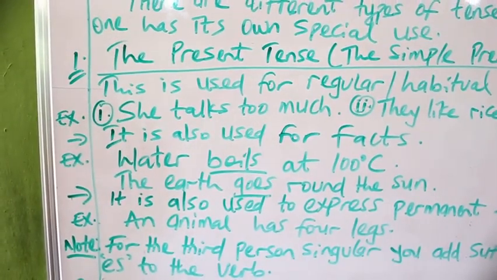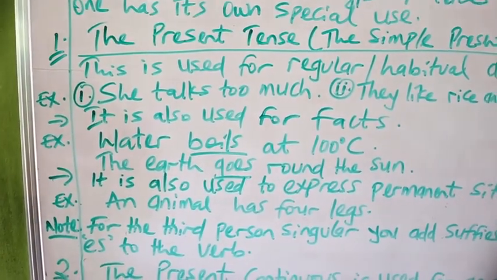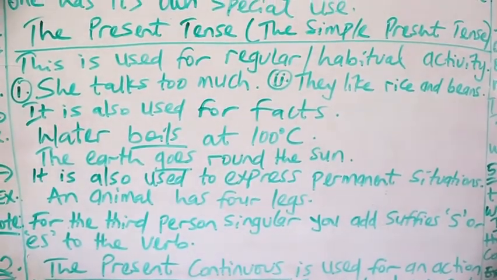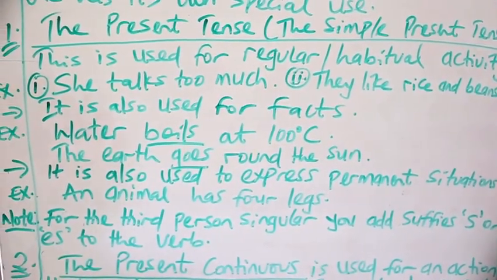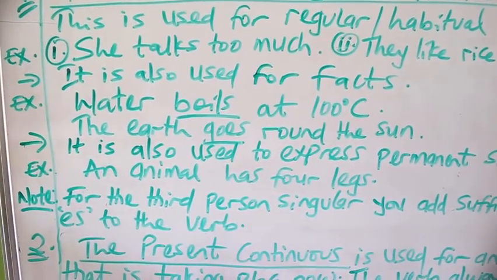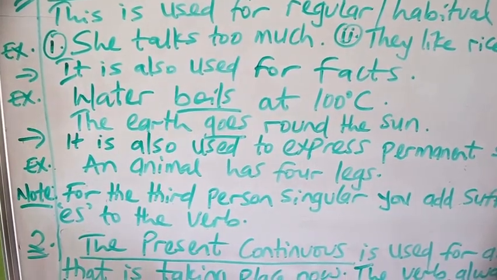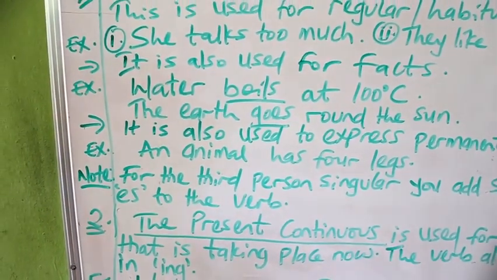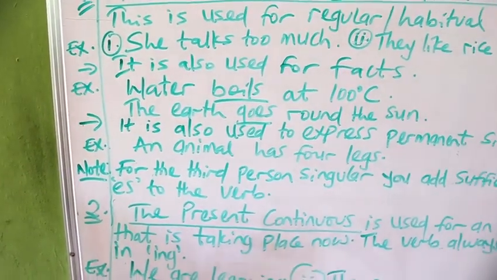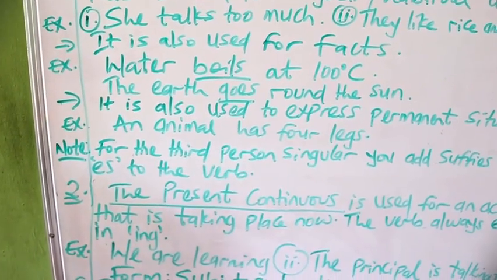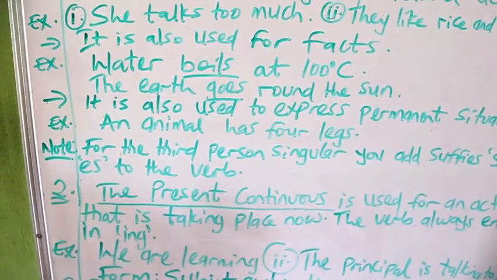It is also used to express permanent situations, the situations that cannot be altered or changed. Example, an animal has 4 legs. We cannot tamper with that, we cannot change it. And also note, the third person singular, when we're talking about the pronoun, the third person singular are he, she, or it.